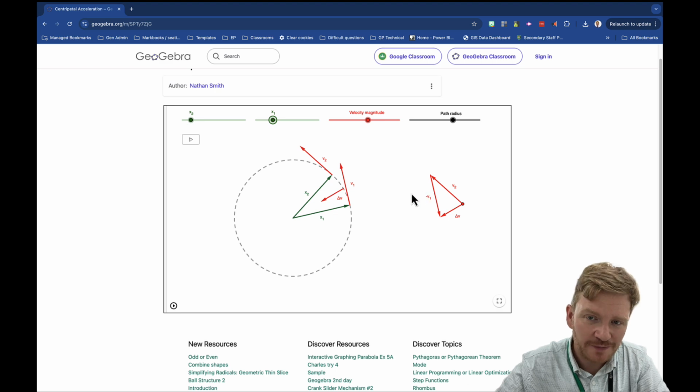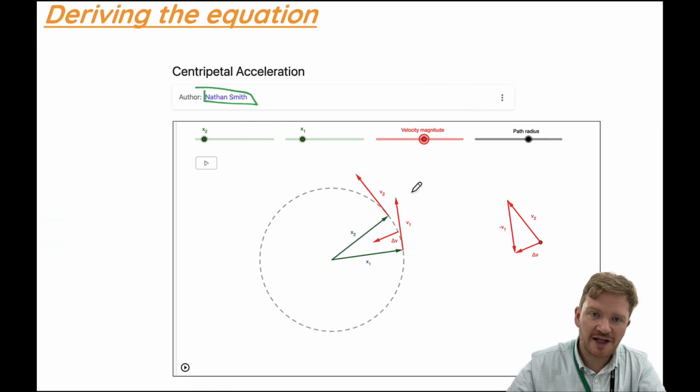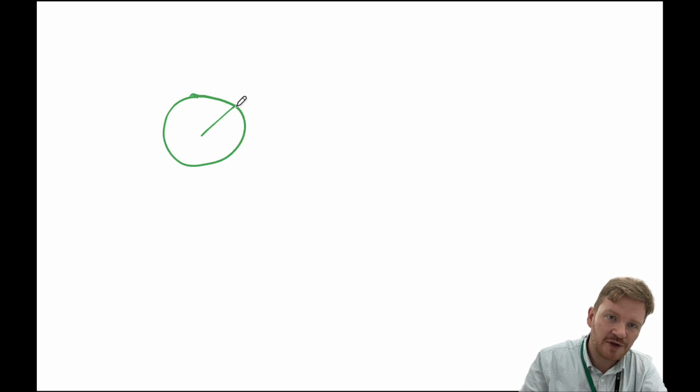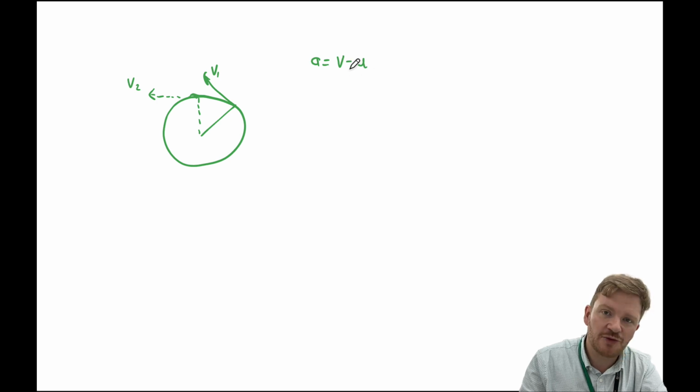And as you know, we can say that essentially, as it goes through this circle, at instant t1, it's got linear velocity v1. Sometime later, it's got linear velocity v2. Now, we know that acceleration is final velocity take away initial velocity.